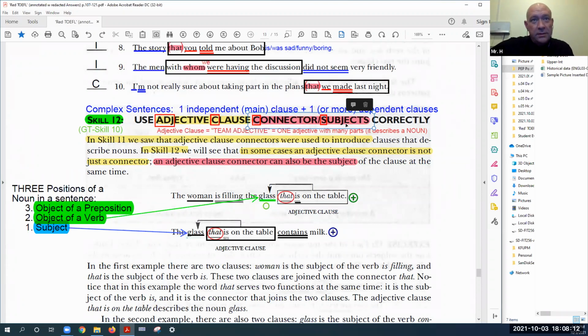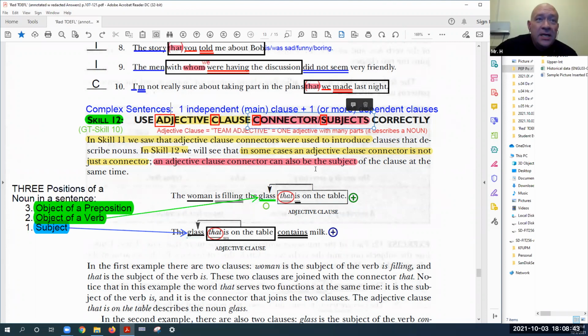Now it says connector subject. What does that mean? It can be a connector and a subject at the same time.